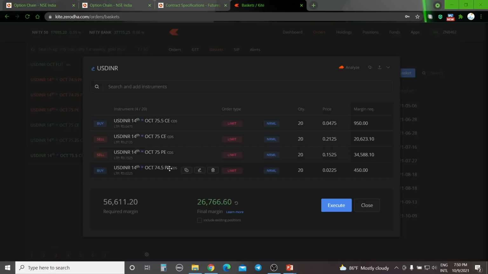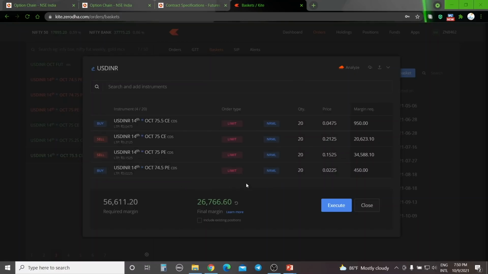When you do the iron fly in a stock option or index option, the risk reward is quite high. Here the risk reward is a little bit lower. Here it is not even 1:2. Here it is around 1:1.2, 1.3. Okay. So this is an iron fly.